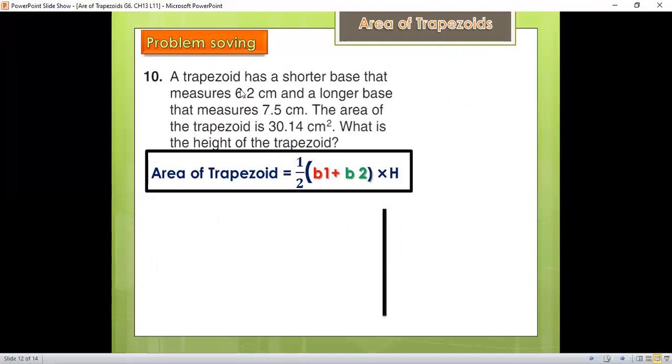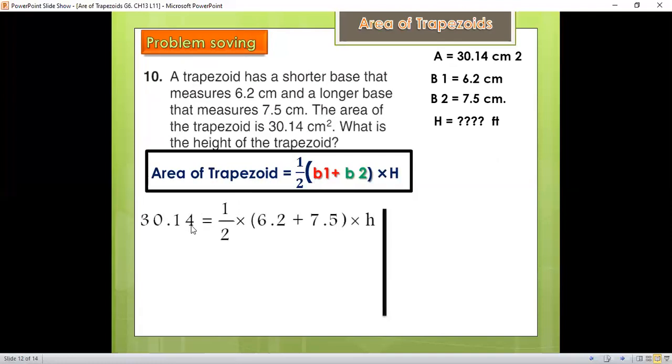We have the area of the trapezoid 13.14 square centimeter, the shorter base equal to 6.2 centimeter, and the longest base equal 7.5 centimeter.